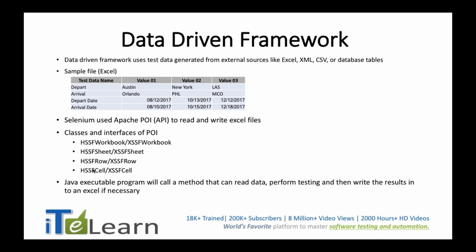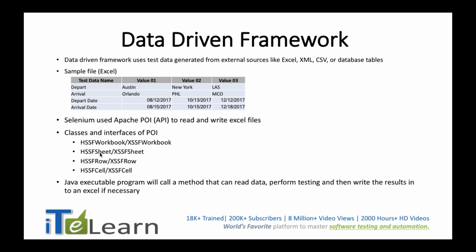The classes or interfaces that we use are these four. This one is to read. First we have to read the workbook, right? We have to have a workbook, and then read which data.